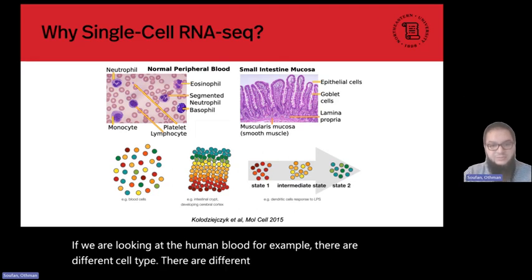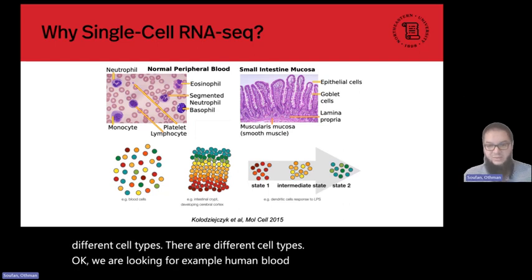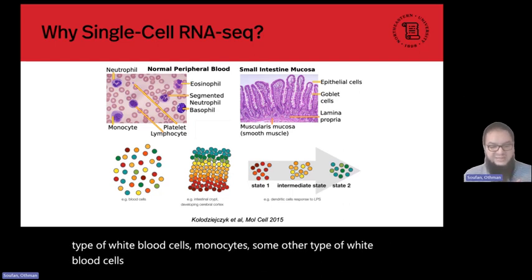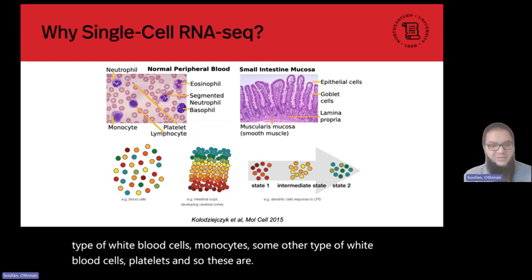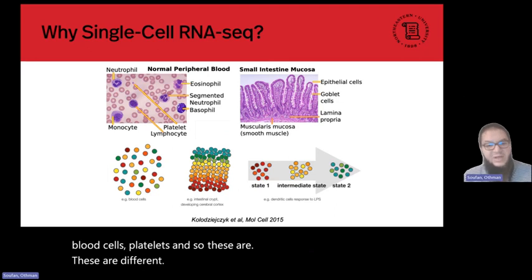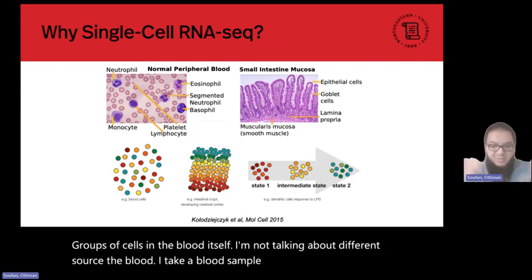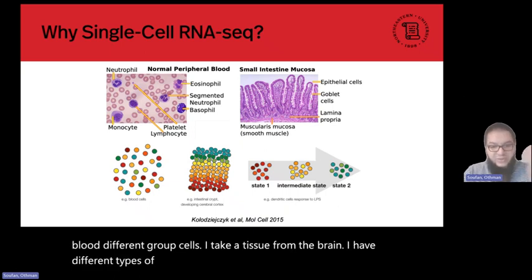We're looking at neutrophils, some type of white blood cells, monocytes, some other type of white blood cells, platelets, and so these are different groups of cells in the blood itself. I'm not talking about a different source. I take a blood sample and I have within the blood different groups of cells. I take a tissue from the brain, I have different types of cells, and so on and so forth.